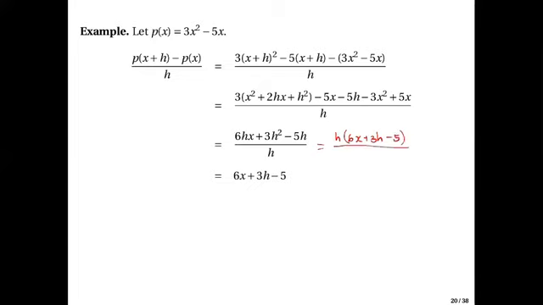And then you divide this by h. So this h here will cancel the h here. And you will be left with 6x plus 3h minus 5.